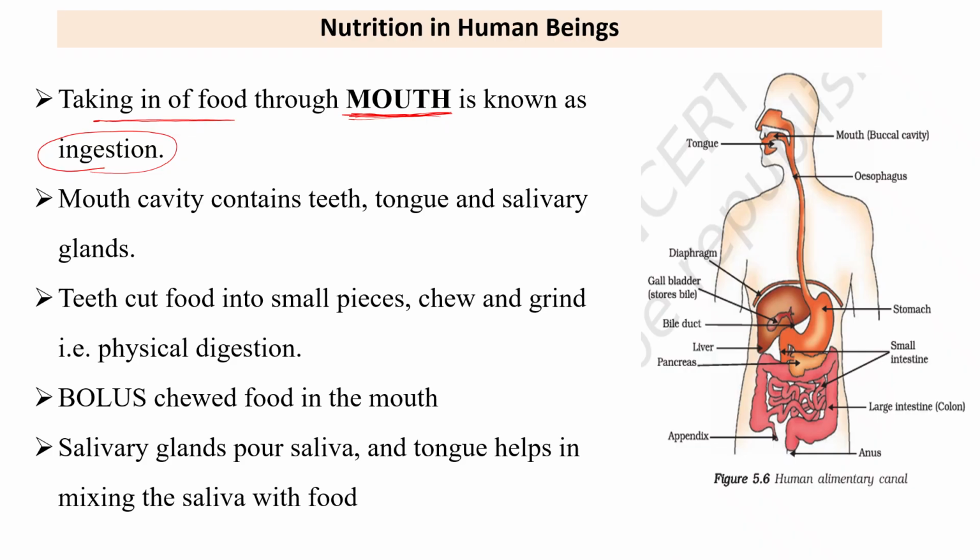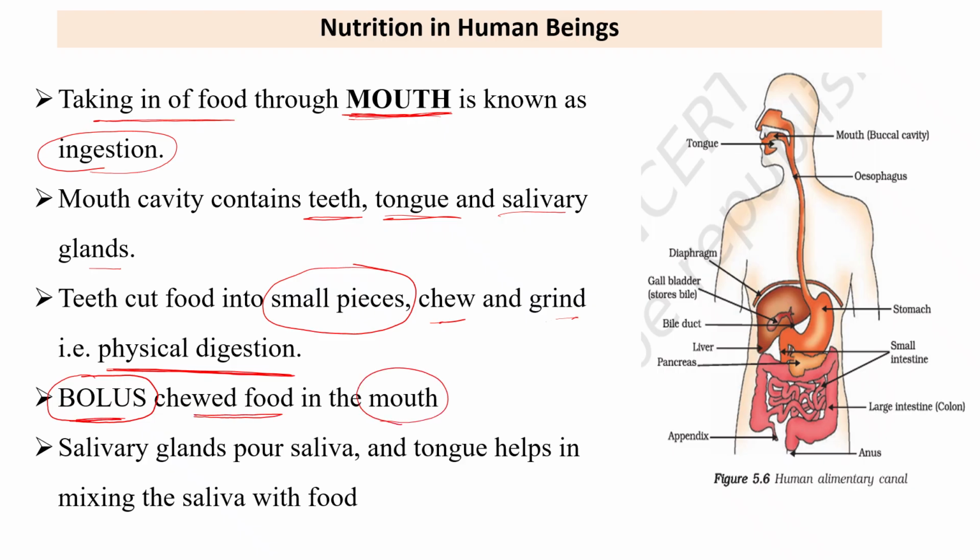So the mouth cavity contains teeth, tongue, and salivary glands. Teeth cut the food into small pieces, chew it, and grind it, which comes under physical digestion. Then the teeth grind the food to form a structure which is called bolus. So what is bolus? Bolus is the chewed food in the mouth.